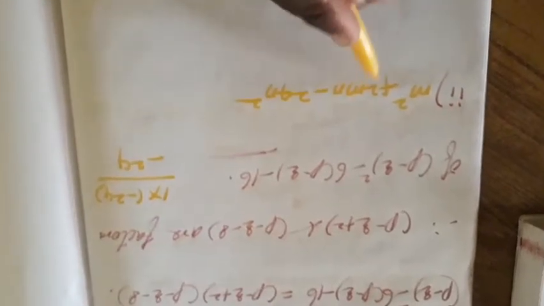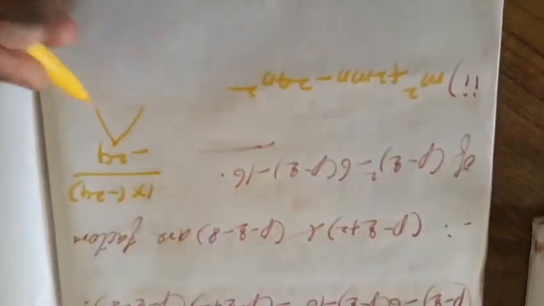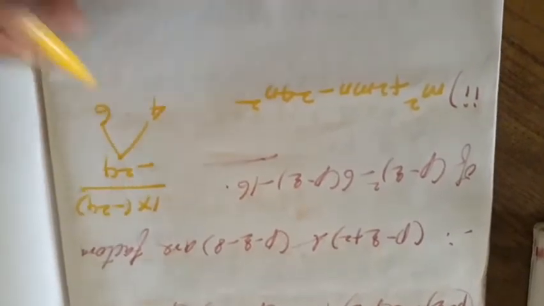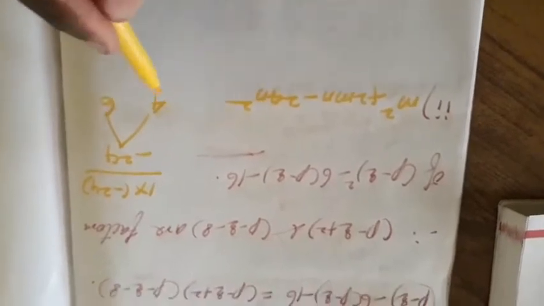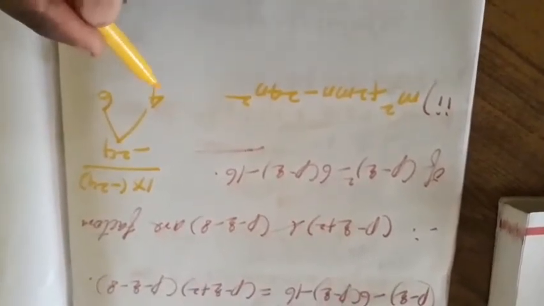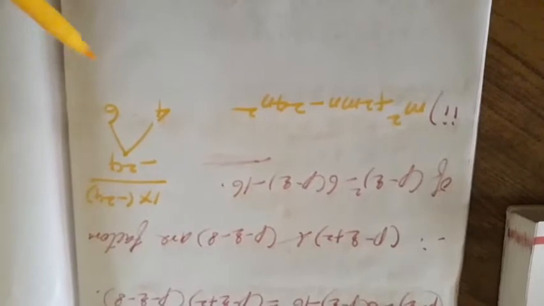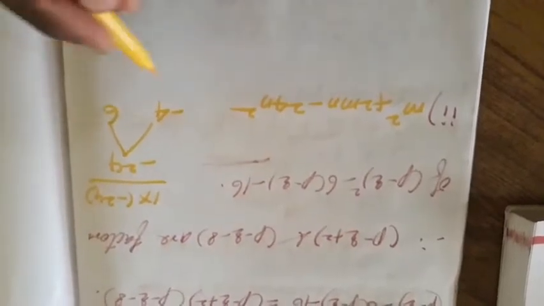The coefficient of mn is 2, so I want the sum of the factors to be plus 2 and the product of the factors to be minus 24. What are the possible factors? 4 sixes are 24. I want minus 24 and plus 2, so I give the minus to 4.